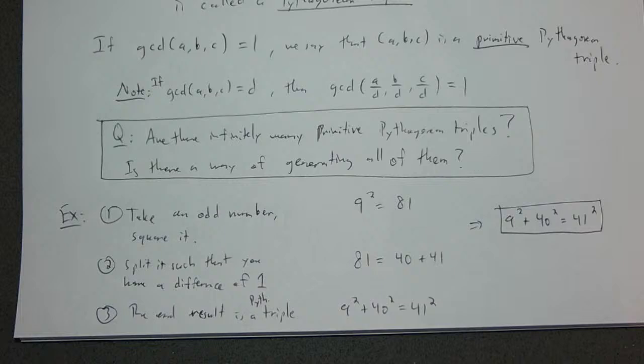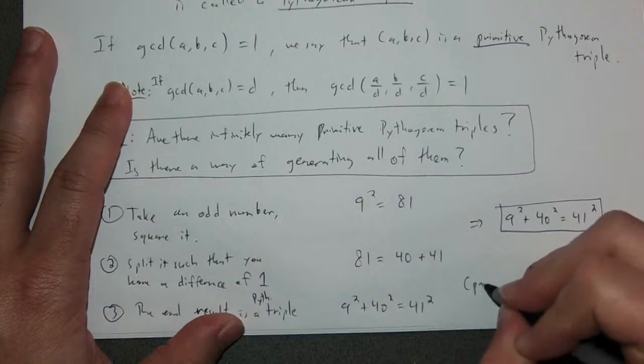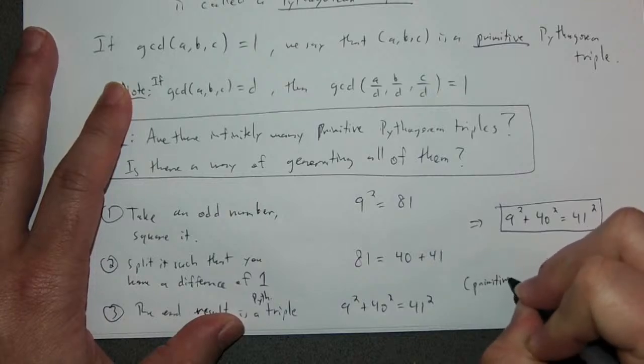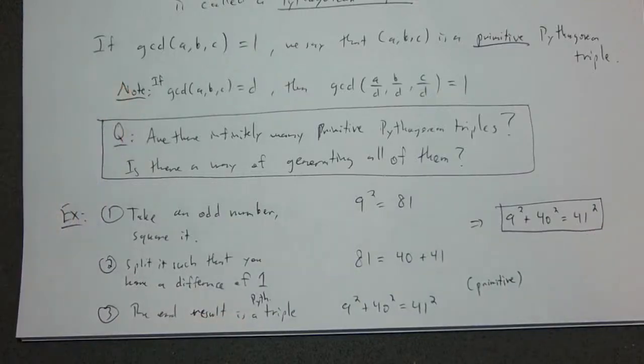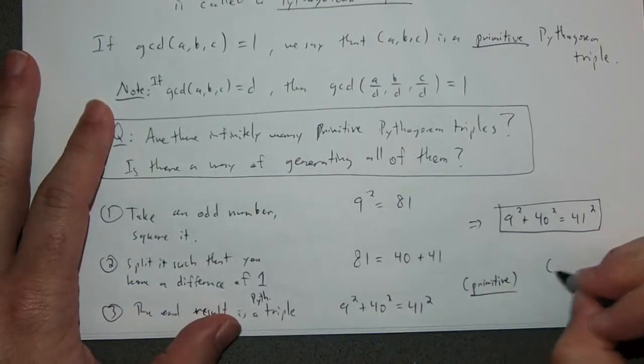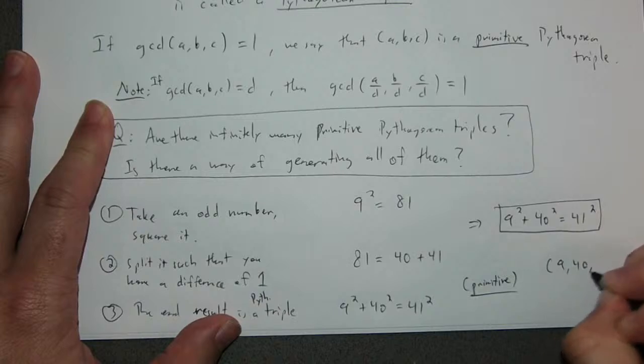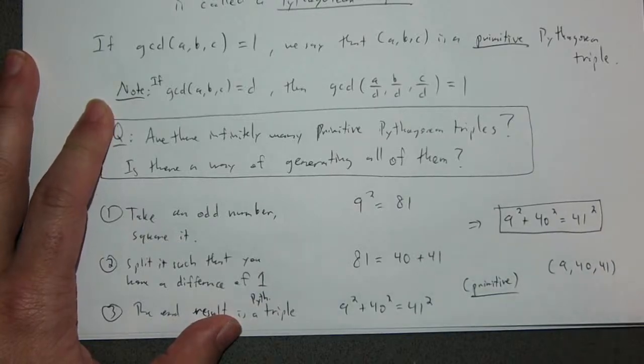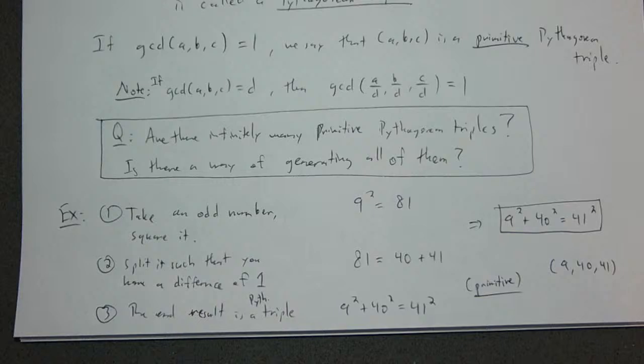Okay. And not just any Pythagorean triple. Actually, I get a primitive one. It's primitive. Why is it primitive? What's an easy way of seeing that? It is primitive because the last 2 entries in the triple differ by 1. Right? Their GCD is 1.